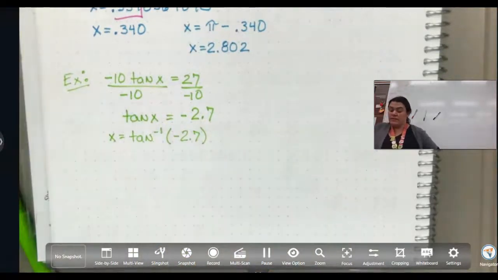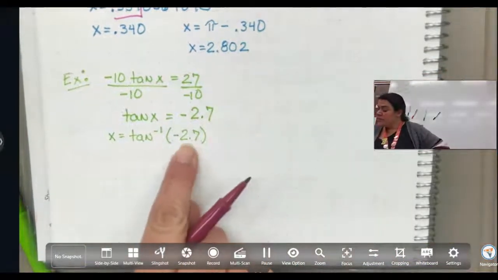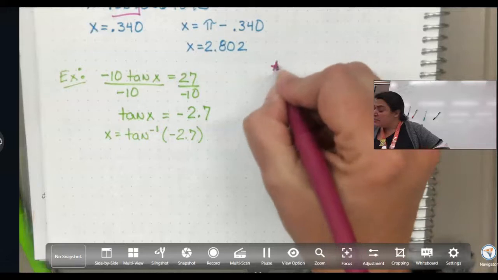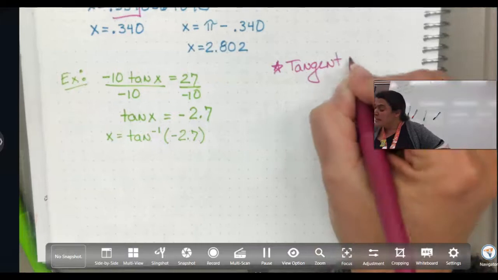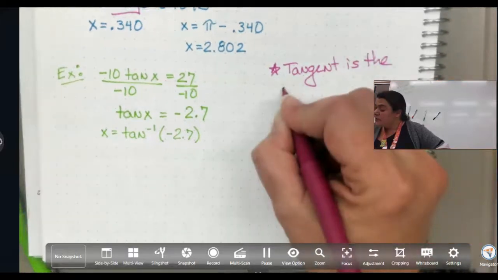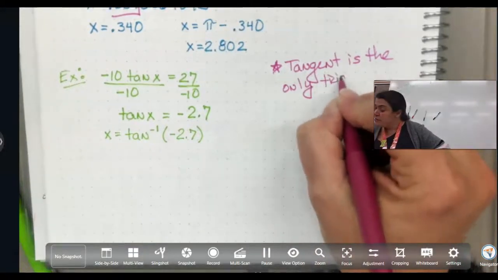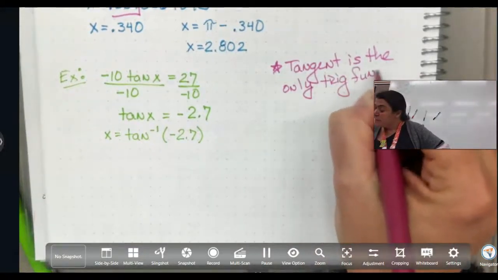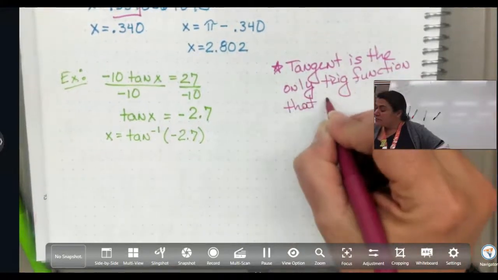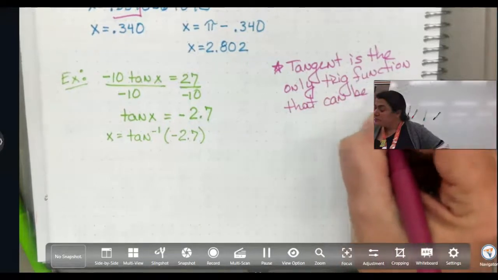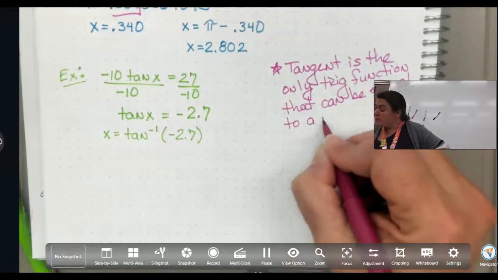Okay, now I'm going to make a little side note here. I just want to point this out to you because you're super smart. Right here, this -2.7, tangent is the only trig function that can be equal to a number greater than 1.